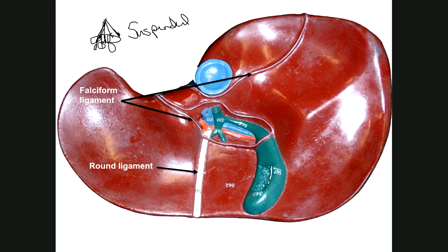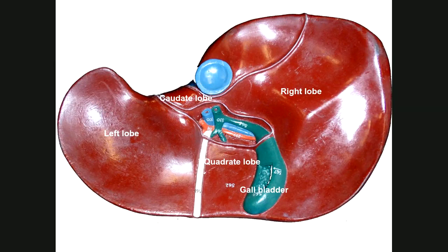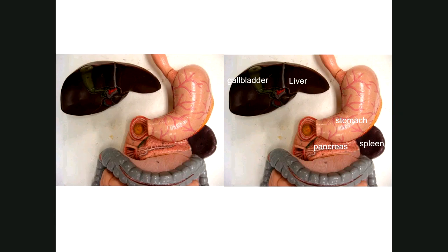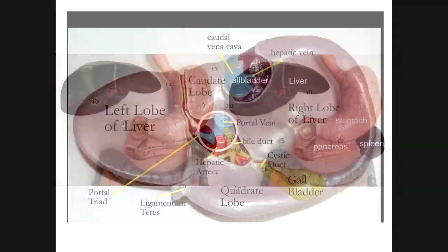Well, here's another mesentery. It's the one that holds the liver, and it's called the falciform ligament. So the falciform ligament suspends this liver and holds it in place. You can see it from both sides. So if we turn it over, you can see it as well.